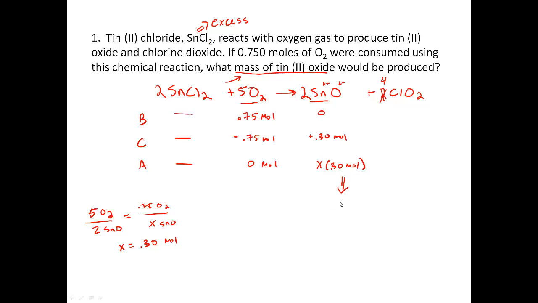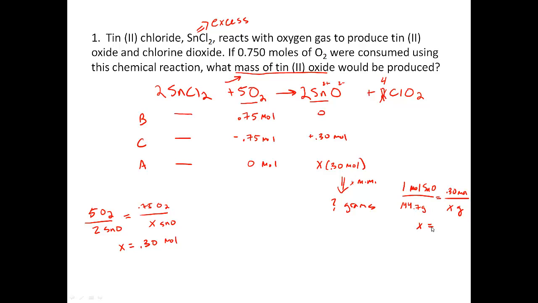How do I find the mass? How many grams of this is there? Well, you have to remember that when you have the moles, you can always find the grams when you multiply by the molar mass. Okay? So the molar mass of tin 2 oxide, let's go ahead and figure that out. So if 1 mole of tin 2 oxide is 144.7 grams, if I have 0.30 moles, how many grams is that going to be?